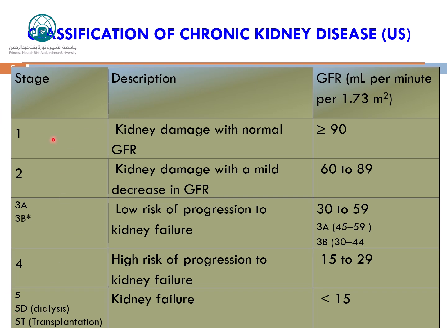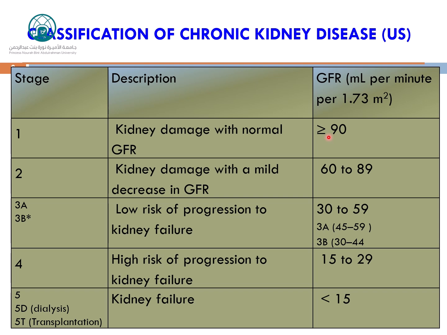So to start with stage 1, which is a minor kidney disease condition, there is a kidney damage with a normal glomerular filtration rate, where the GFR in milliliters per minute per 1.73 meters square is above or equal to 90.